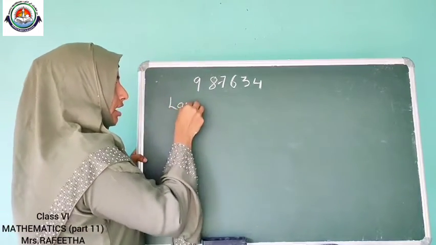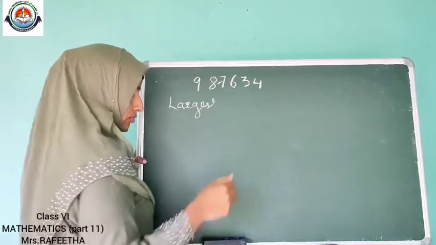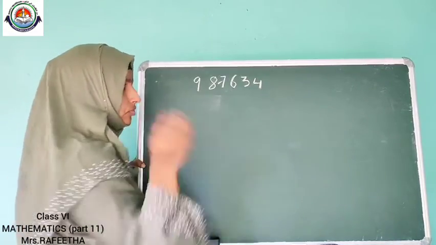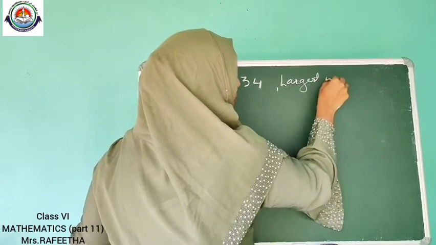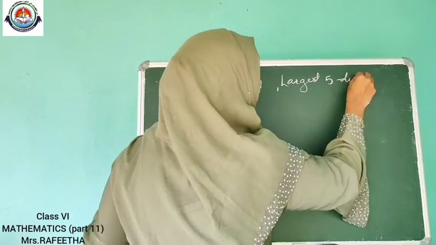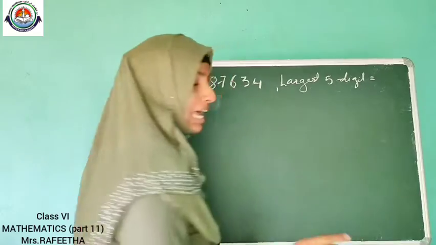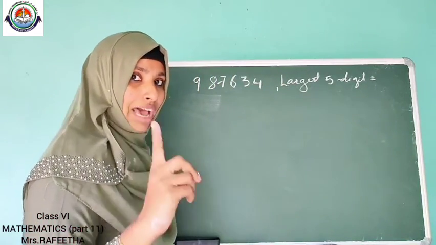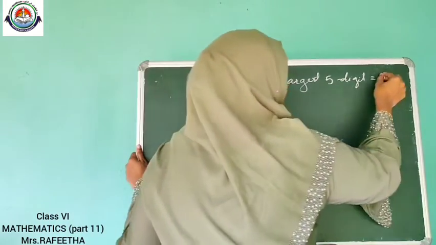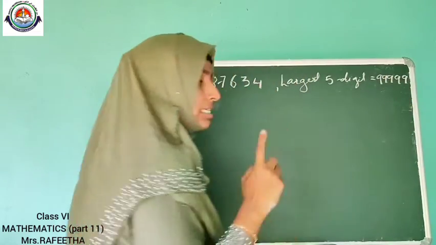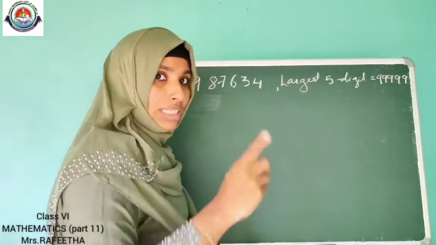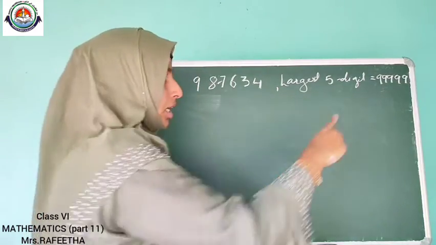We can write here, largest 5-digit even, which is the largest 5-digit number. Which is the largest 5-digit number? That is 99999. What is the largest 5-digit even number?